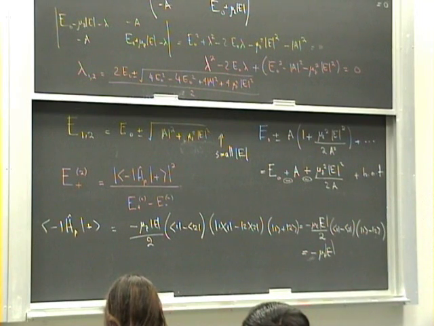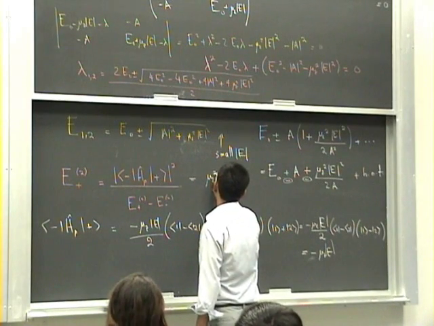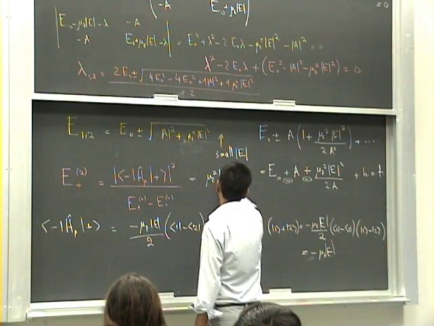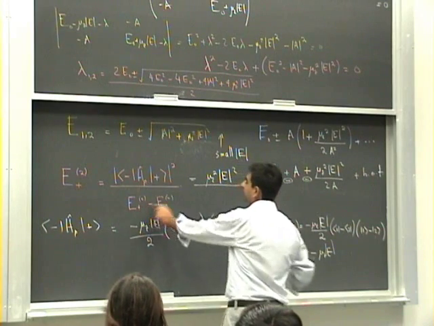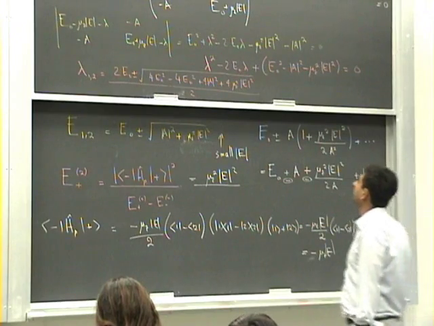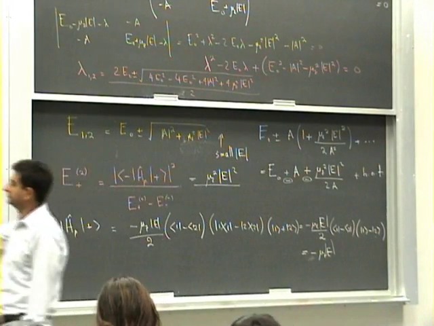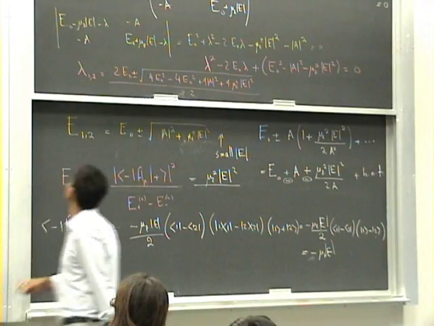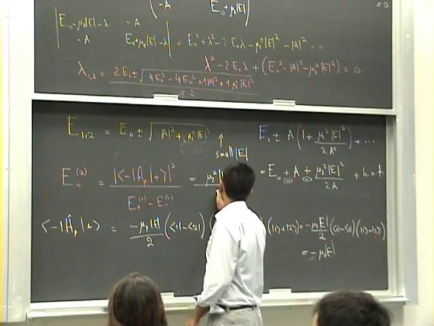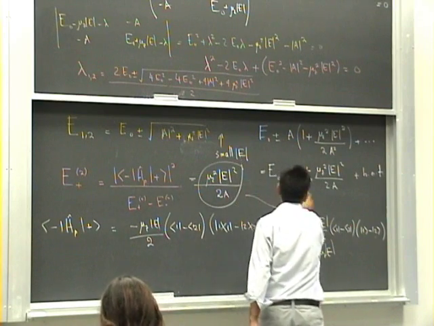Okay. Now take the modulus square of this. I get mu_z squared E modulus squared. Now I have to look at the difference of these unperturbed eigenvalues, and this difference is simply 2a. So this exactly matches this result.